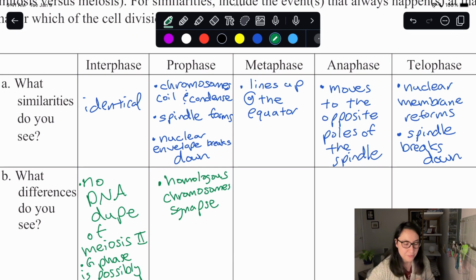Homologous chromosome synapse basically means that in prophase 1, you have parent 1 and parent 2, and the crossing over happens.